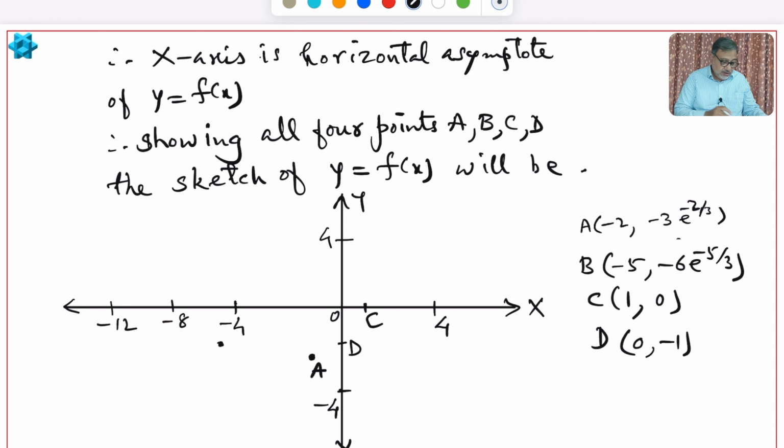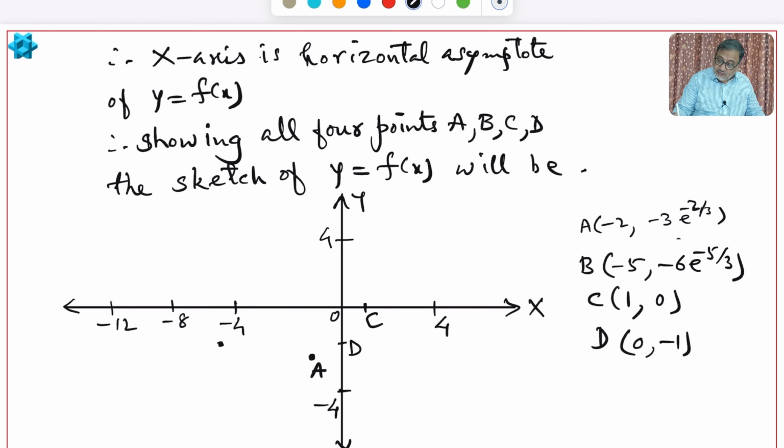Let me check the y coordinate, where should be the position. Negative 3 into e raised to negative 2 by 3.